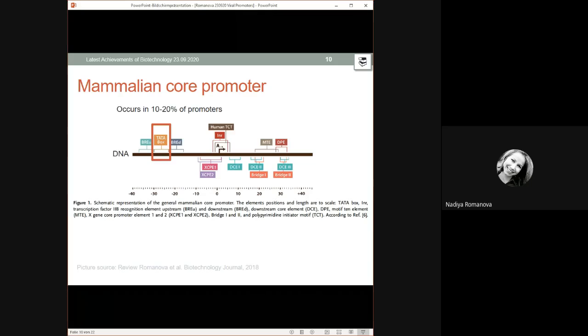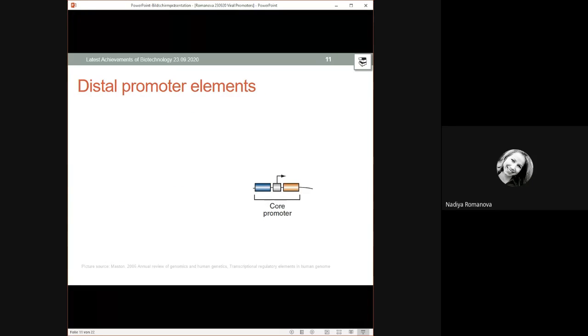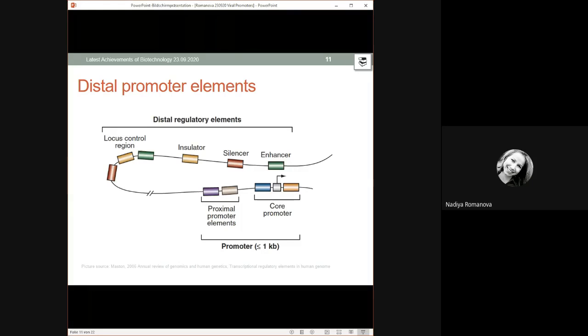And just to add another layer of complexity, they have not only the core promoter, but also the proximal promoter elements, which are usually referred to together as the promoter, which is under 1,000 base pairs long. And as I also told, there are also distal regulatory elements. So there are enhancers, which positively influence the transcription level.